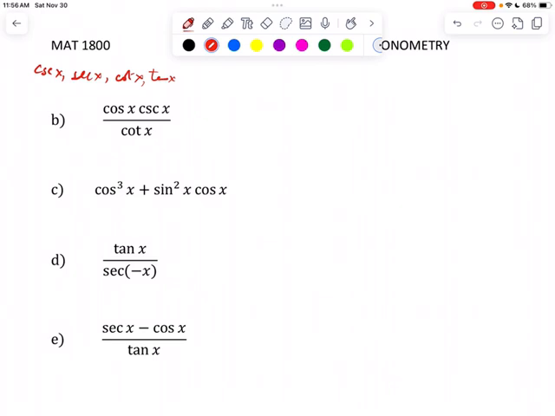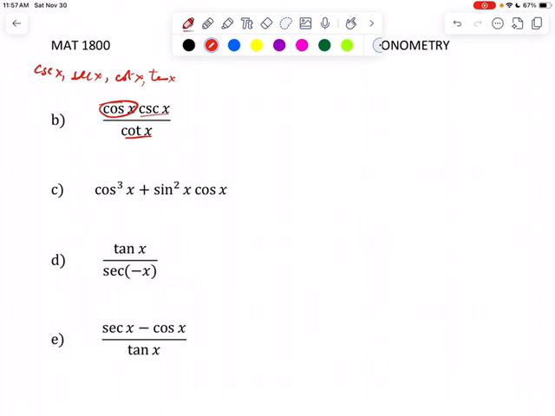But if you have, along with these quantities, the sine or cosine present, then the best way is to convert everything into sine and cosine. So in B, we have a cosecant x and the cotangent x, but then we have the cosine x here. So the best way is to write everything in the form of cosine and sine.